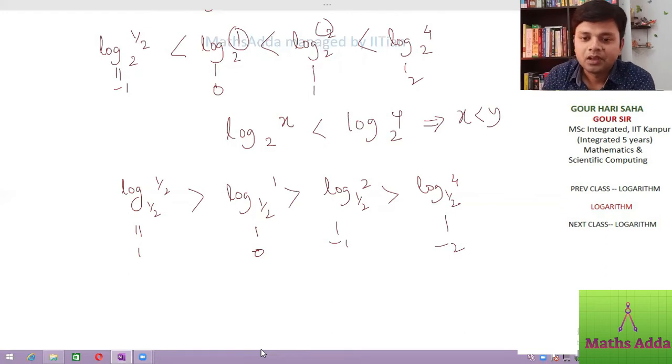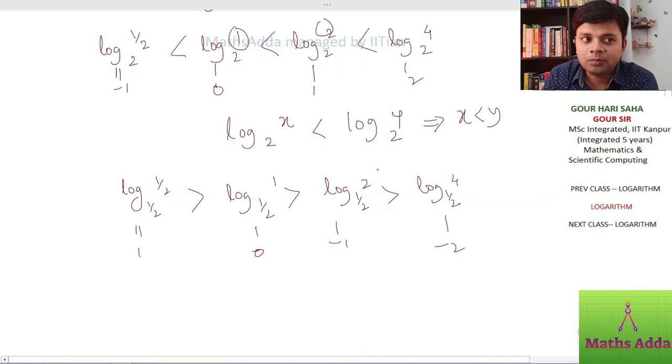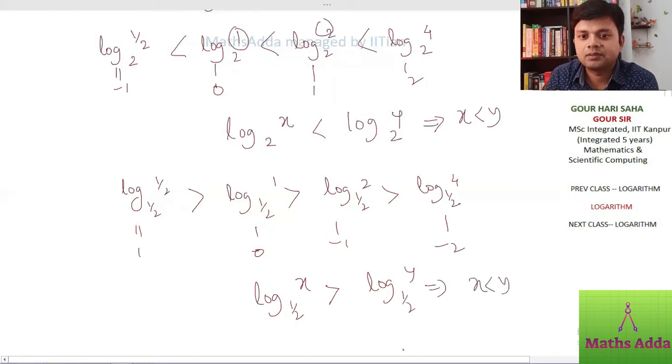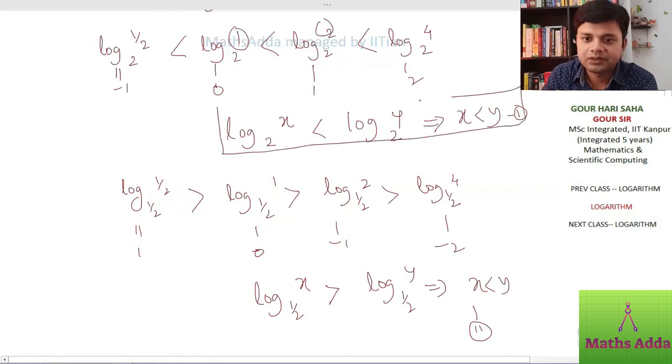So how come? It's just opposite. It's a smaller number but the log value is larger. So what we see, log of x base half is greater than log of y base half implies x is less than y. So you see this first one and this second one, two opposite things. What are we missing here? We are missing the base.